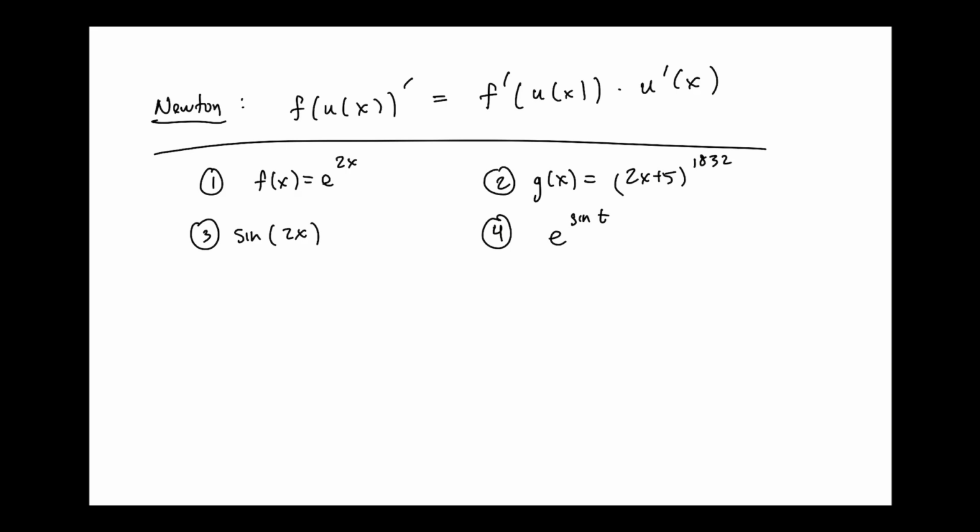Okay, so decide that, and then do what we did for the previous example for all four of these, and write it both Leibniz style and Newton style, right? Because I want you to be comfortable with both. Okay, so does that kind of make sense? Yeah? All right, so take a few minutes and do that.